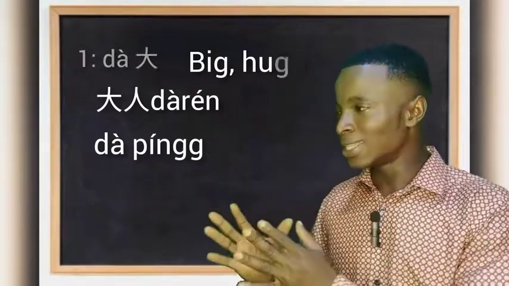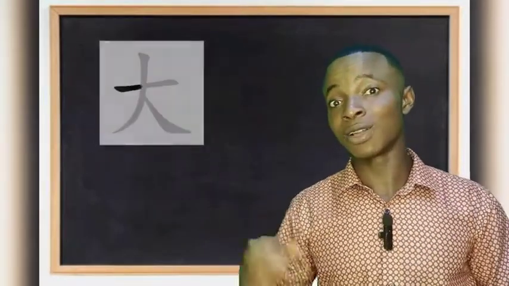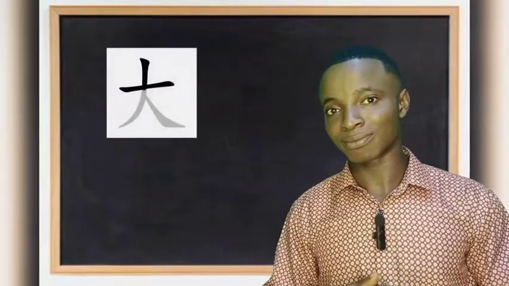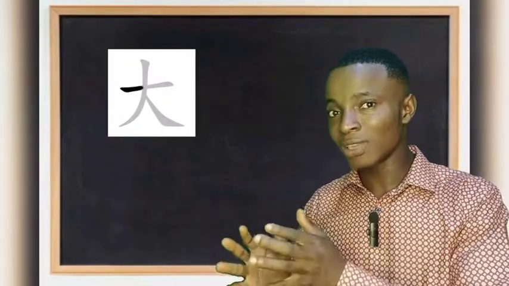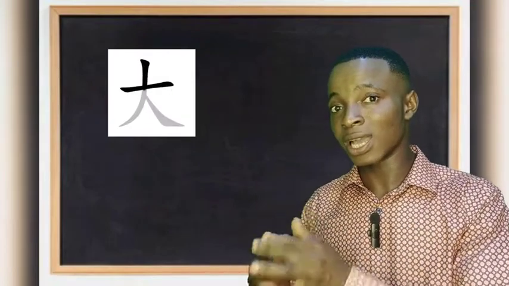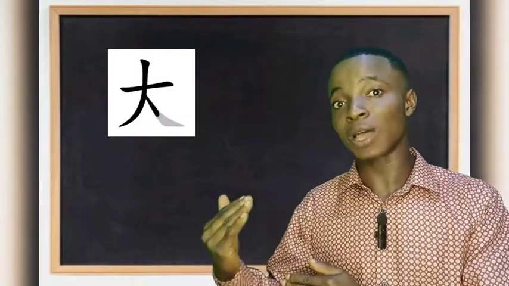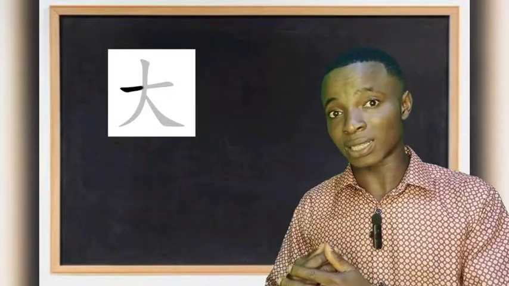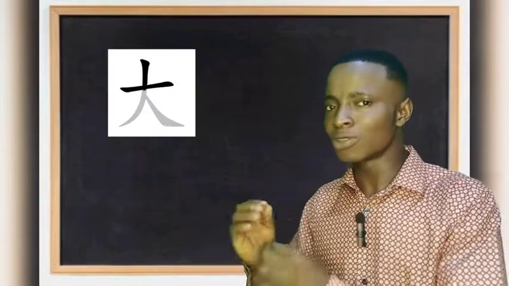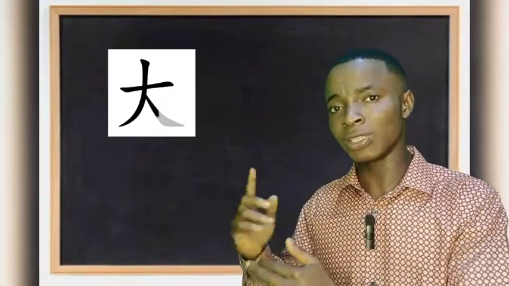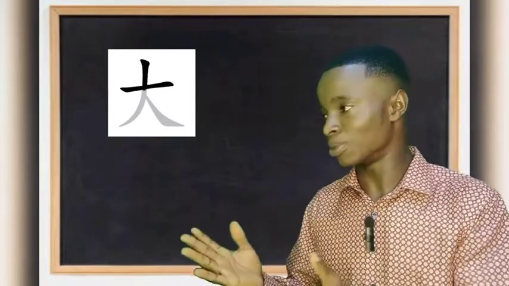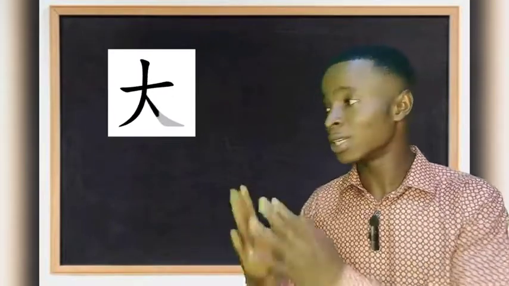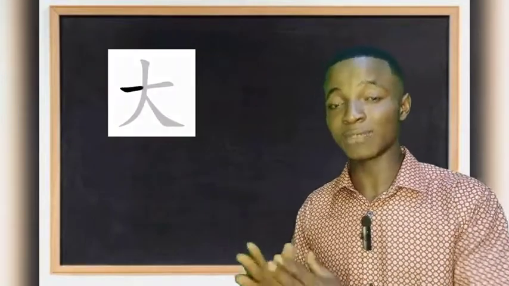Now, let's see how to write this character with these stroke orders. When we are writing this character, can you trace out where na appears in it? Can you find out? And also, can you tell me how many strokes are in this character? Beautiful. We have 3 strokes in this character.